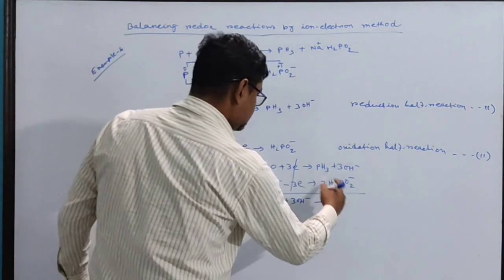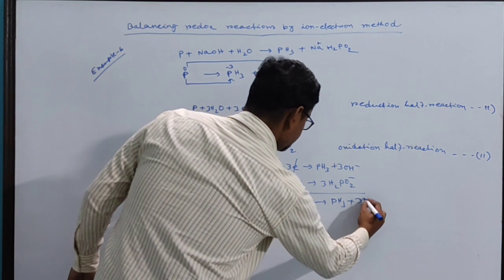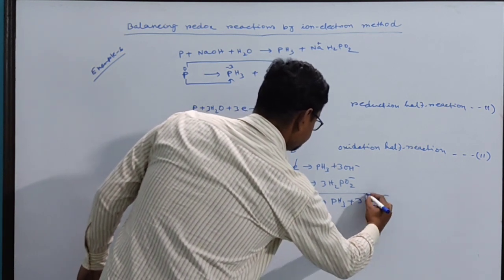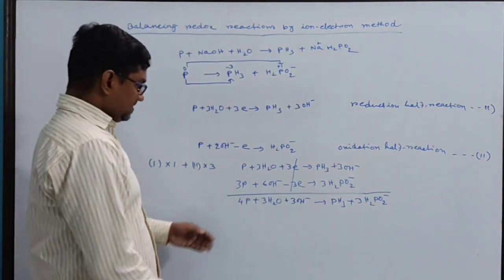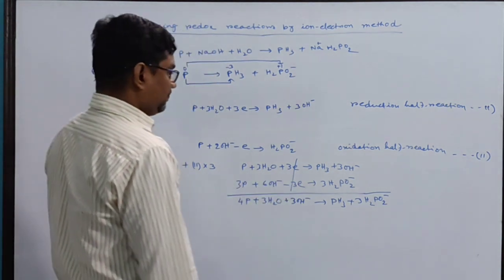And now in the right hand side we are getting 1 PH3 and 3 H2PO2 minus. Okay, this is the balanced redox reaction in the ionic form.